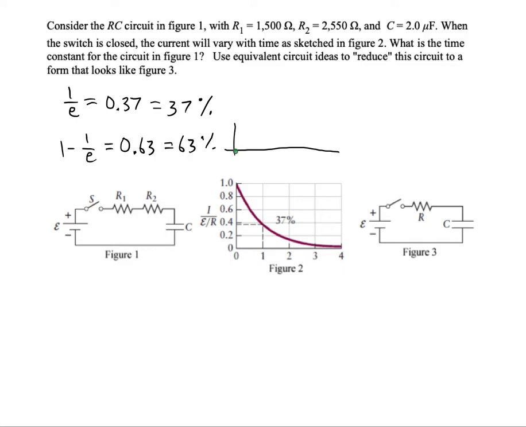A time constant can be how long it takes for charge to build up to 63% of its final value, which is Q max. And I said in a previous video that this was the time constant, the time it takes to reach that 63%.